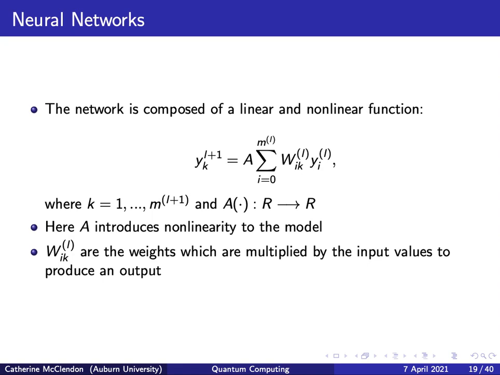The w, ik to the l are the weights which are multiplied by the input values to produce an output value, and that output value is then sent to the next neuronal layer of the network if it passes a certain threshold value. If the output does not pass the threshold value, then it's not sent to the next neuron in the network.